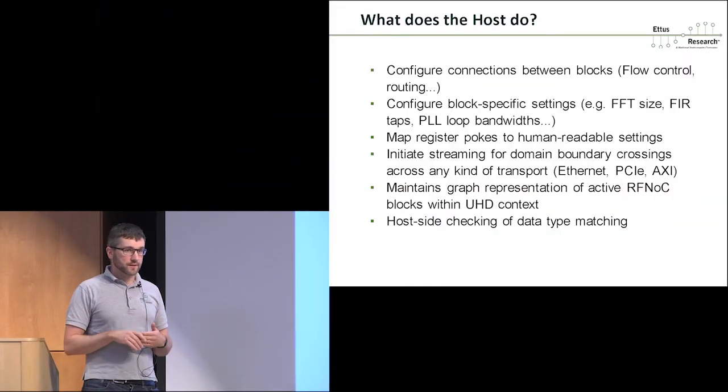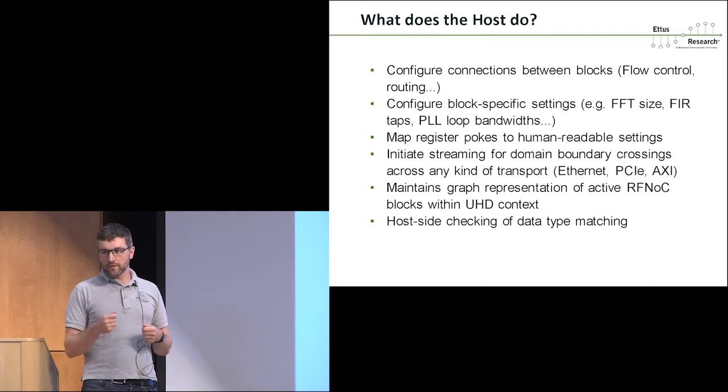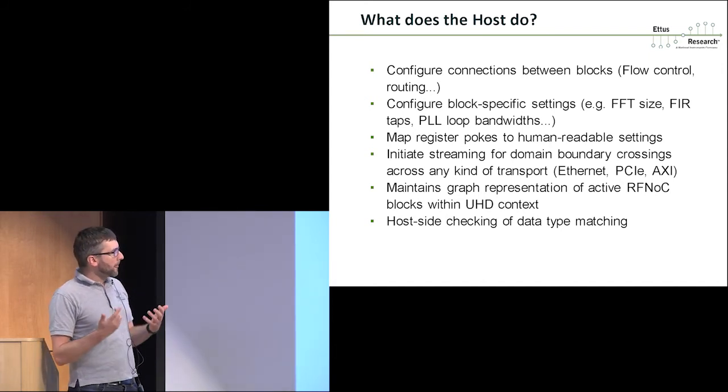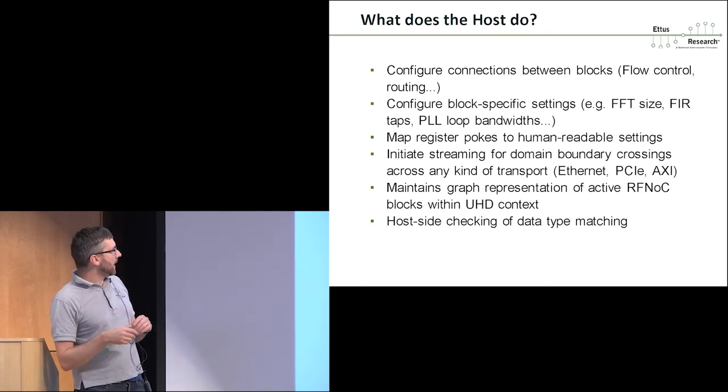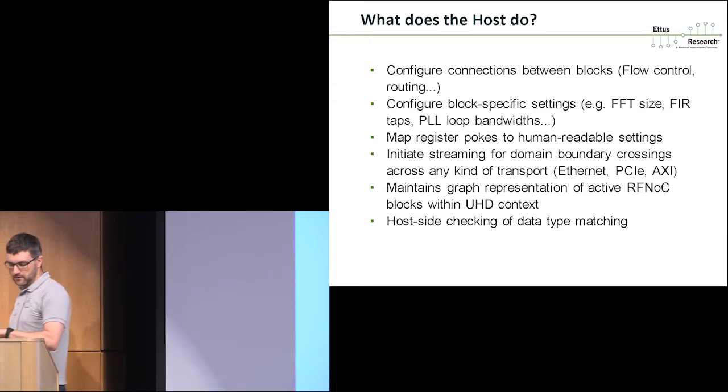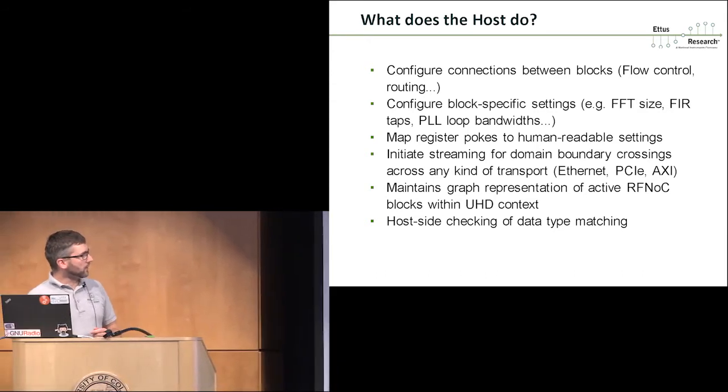So the software will take care of a lot of things such as flow control, making sure that data goes from the right spot to the next one, things like that. But most of it is sort of hidden away, so I didn't really want to emphasize it and steal time for demos during this presentation. Usually you do not have to do a lot of software development, except when you have very complex settings that need to be processed, and you need actual C++ code, for example, to calculate register values.